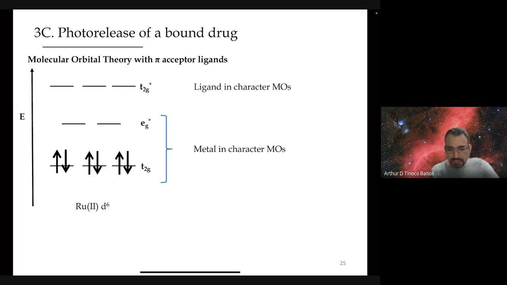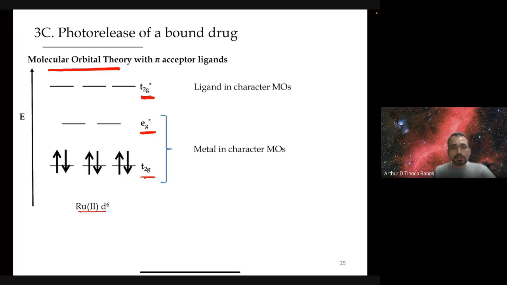So this is a molecular orbital representation of ruthenium as coordinated in this type of environment. So coordination number 6, where we have these molecular orbitals that are labeled as the t2g, eg star, and t2g star. So these are different molecular orbitals. This one is a bonding molecular orbital. These 2 are antibonding molecular orbitals.